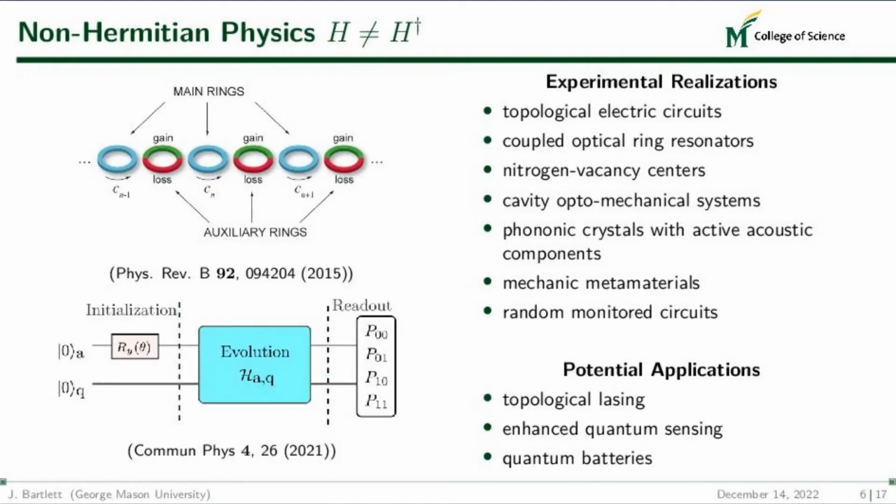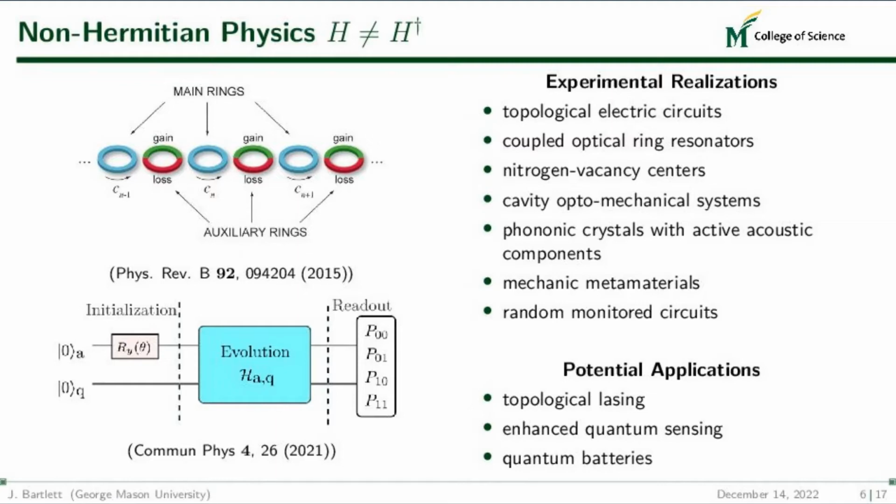So these non-Hermitian systems have been experimentally realized a number of ways. I've listed some of the main ways these systems have been realized on the right, and also some proposed potential applications for these non-Hermitian systems on the bottom right. On the left, I'm showing some images from these experimental realizations.